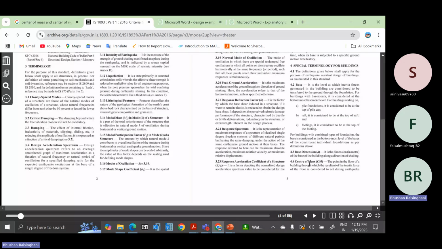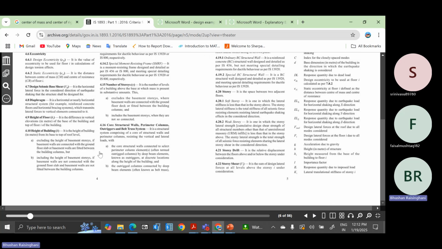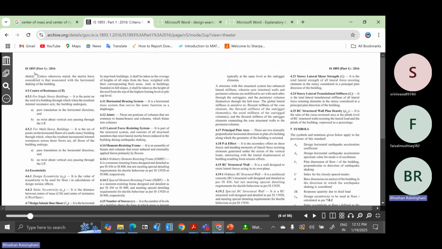On the initial pages of the definitions, it is given: center of mass, the point in the floor of a building through which the resultant of the inertia force of the floor is considered to act during the earthquake shaking. Unless otherwise stated, the inertia force considered is that associated with the horizontal shaking of the building.